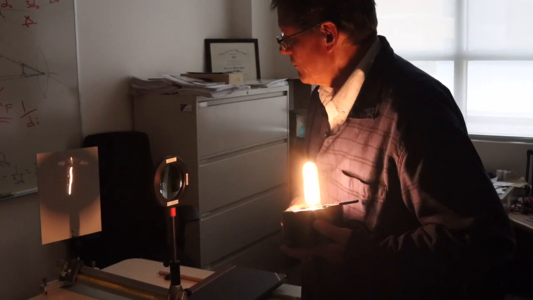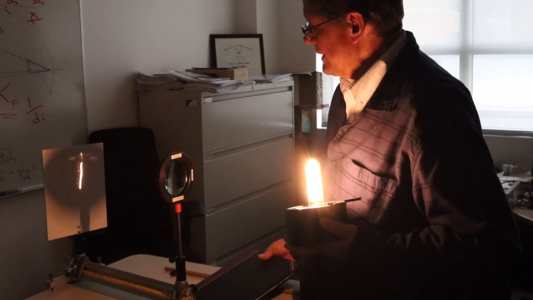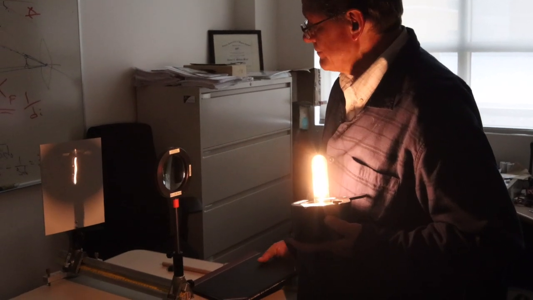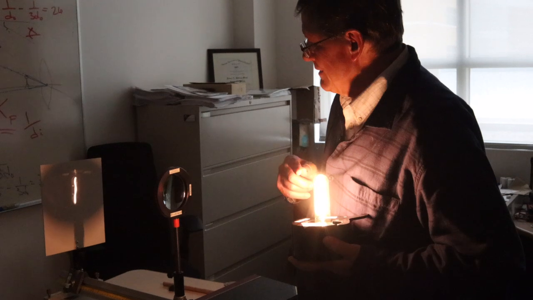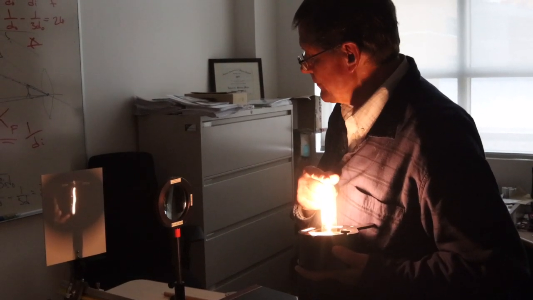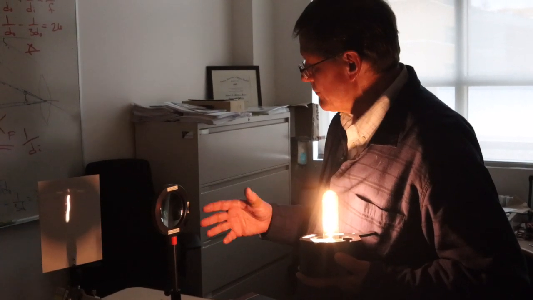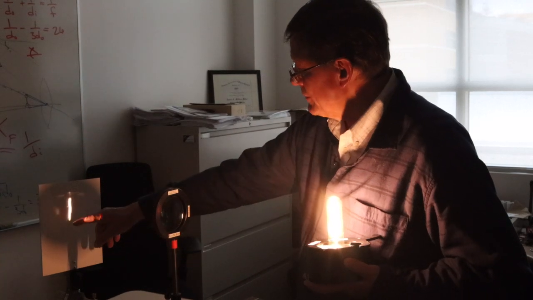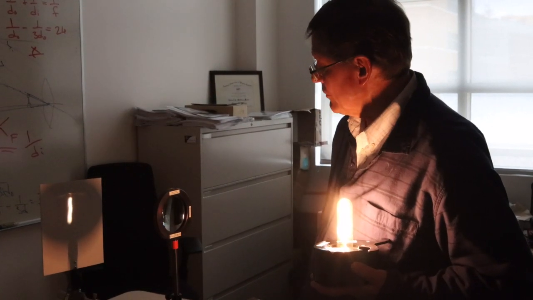Now, the second prediction we were asked to make was what's going to happen to that image if I cover up half the lens. Now, the prediction we made was that, well, the light from the top of this extended source is going out in all directions, and there are an infinite number of rays that are hitting this lens and all ending up right there at the image of the top of the extended source.